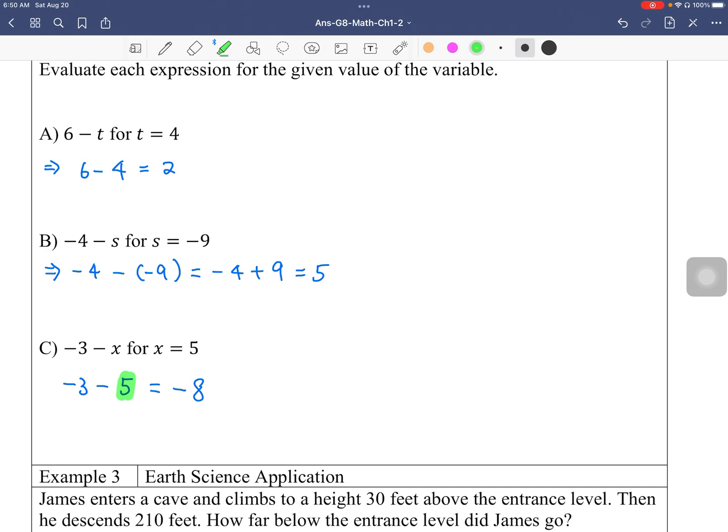So when I'm subtracting, by definition, I have to switch subtract to add and switch the number to the opposite number.